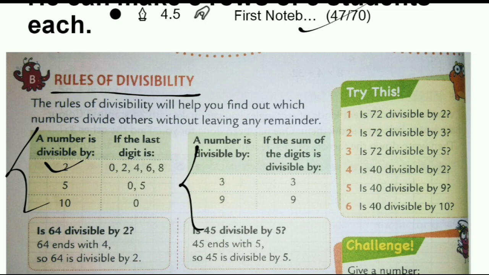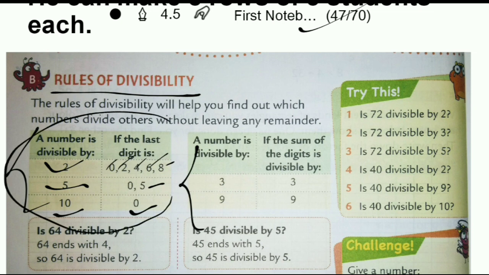So a number is divisible by 2 if the last digit is 0, 2, 4, 6 or 8. So it can go by 2 table. For 5, if the last digit is 0 or 5, it can go by 5 table. A number divisible by 10 has the last digit 0. So these are the rules of 2, 5 and 10.